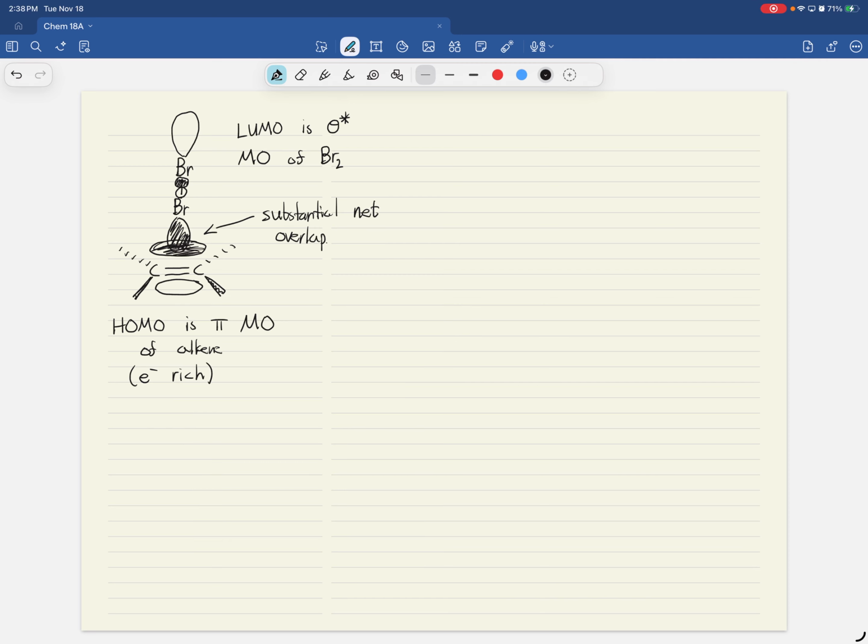So what does the mechanism look like? So let's write the mechanism right here. So I drew you the orbital picture to give you an idea of what happens. Now this is the result. Okay. So it's a weird mechanism. So let's draw our bromine.